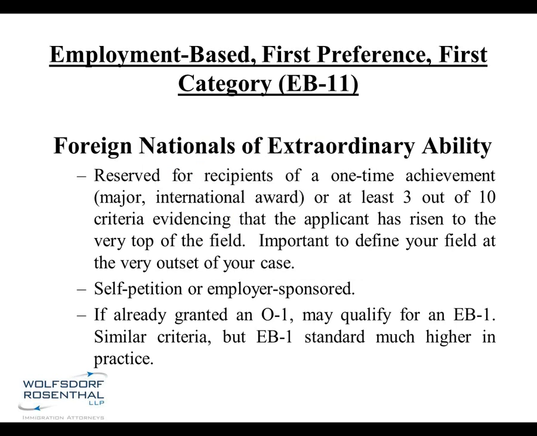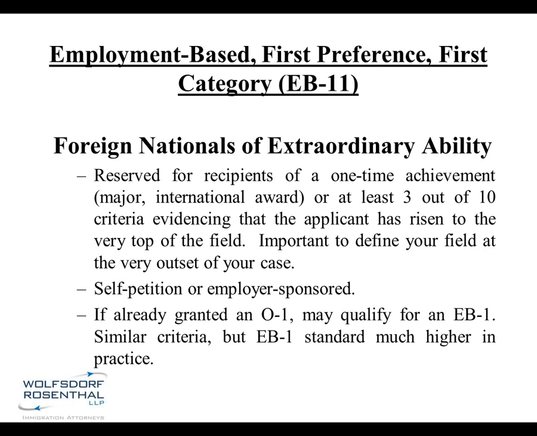The foreign nationals of extraordinary ability classification is reserved for recipients of a one-time achievement, and that is defined as a major international award. So for any of you out there who already have your Nobel or Pulitzer, congratulations, you are an EB-1A. For the rest of you, you're going to have to satisfy at least 3 out of 10 criteria, which when taken together, evidence that you have risen to the very top of your field.